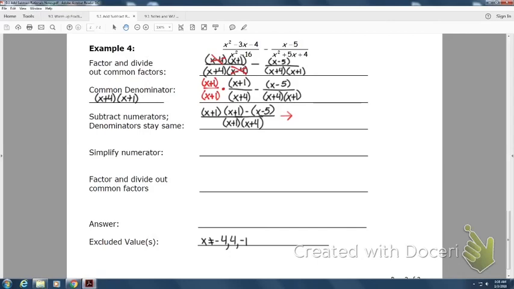Okay, so on that numerator, you would need to do FOIL with the x plus 1s.